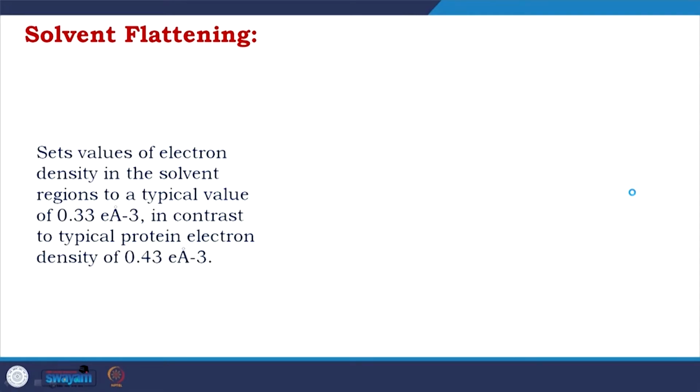So, solvent flattening, what we are doing, sets the values of electron density in the solvent region to a typical value which is given here in contrast to the typical protein electron density. So, actually we are differentiating between a protein and a solvent, so that the solvent could develop its phase better.